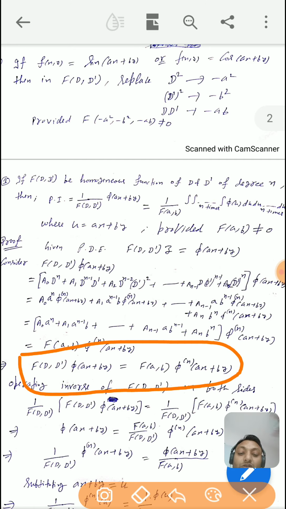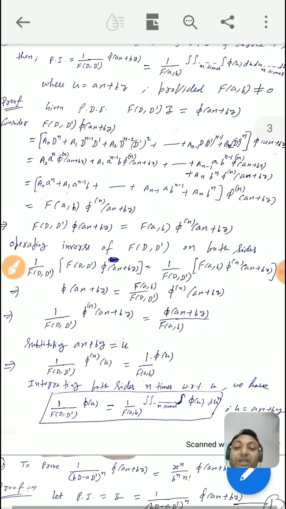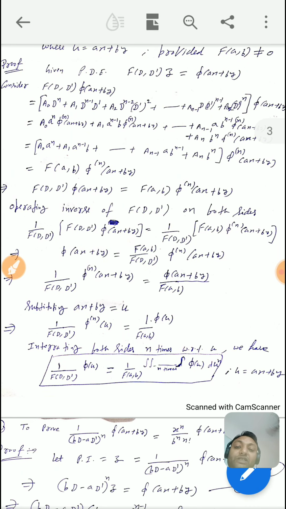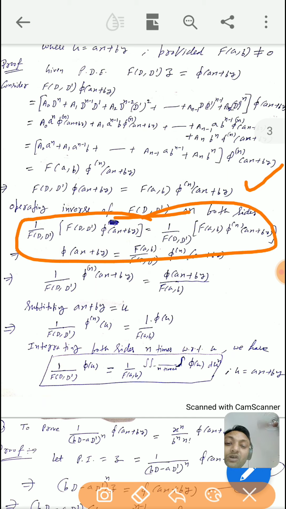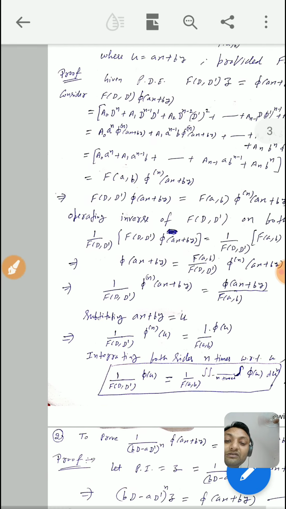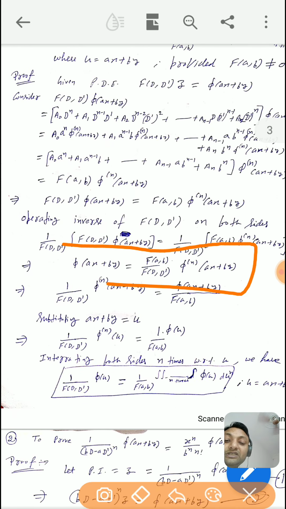Now we operate the inverse operator of f of D, D dash on this equation, on both sides. Because this is the inverse of that operator, it will cancel out and we get this as the simplified result.